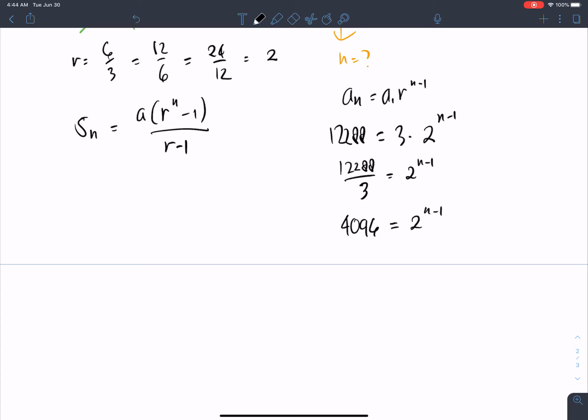So now we need to convert this into a base 2 exponential. So what number do we have for that? If I calculate this, hold on, I calculate first.